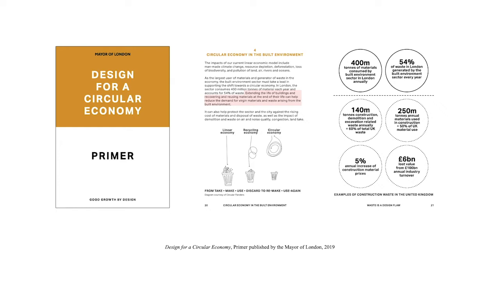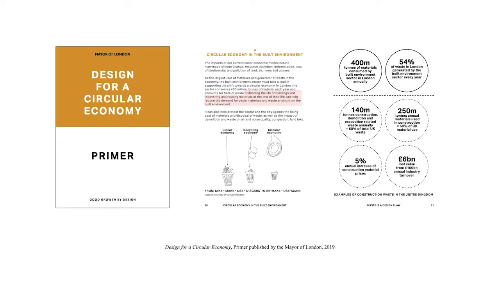This slide shows part of a plan published by the Mayor of London in 2019, which seeks to support organizations in the construction industry move to more sustainable practices. One of the points highlighted here is how this plan encourages practices of reuse, as they can help to reduce the demand for new materials and waste.